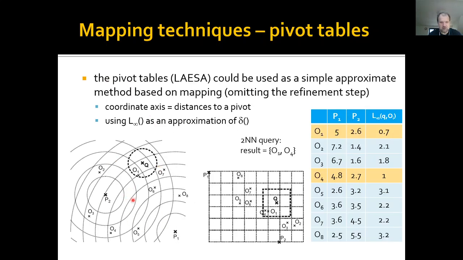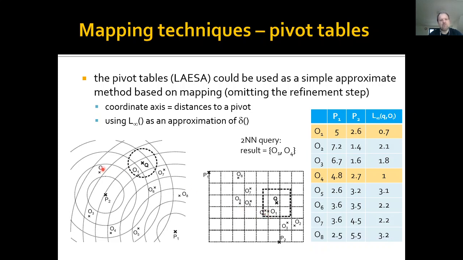If we look at the situation where we have just 2 pivots, because there are just 2, it is not a very good approximation. The Lmax is not a very good approximation, for example, of the distance between O1 and O4 that are very close here and very far here. So this is very large, and this is very small. So it's not a good approximation.